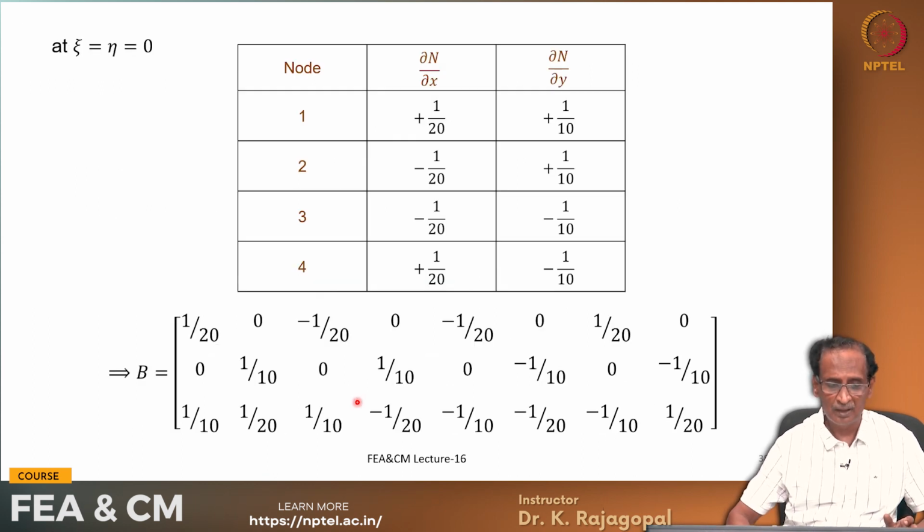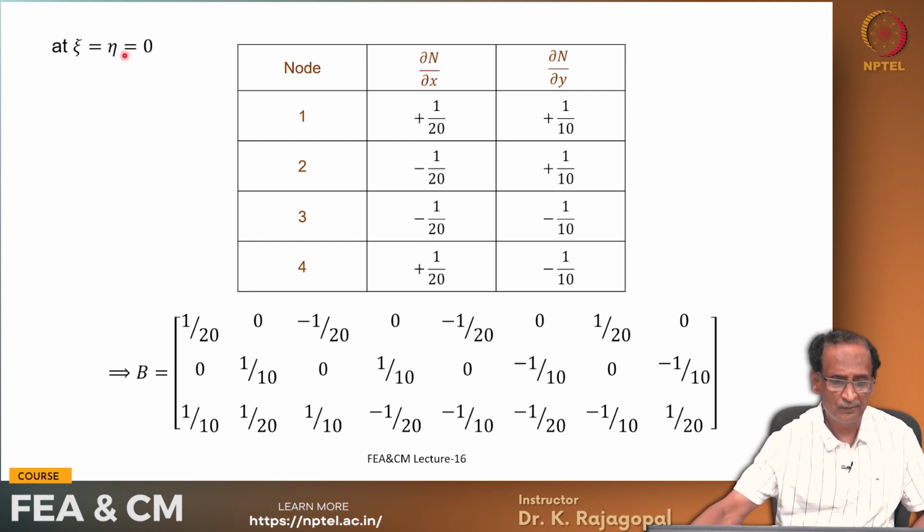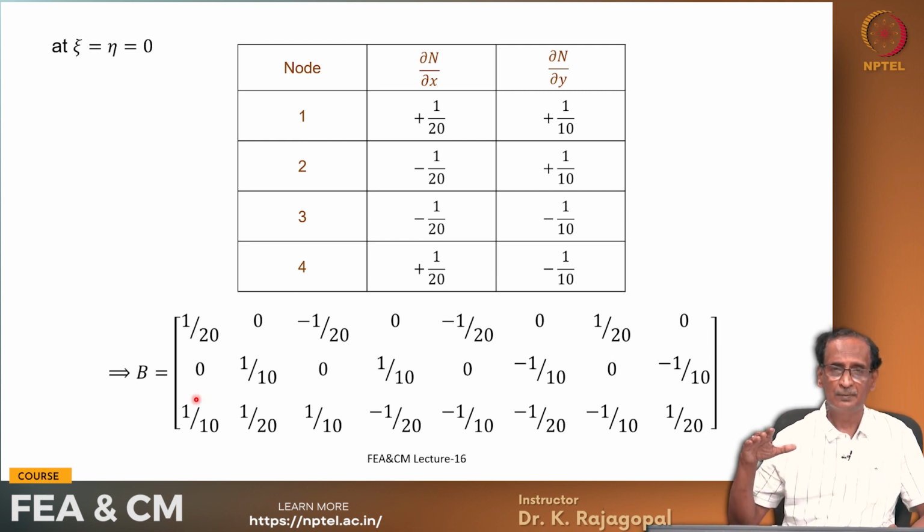Okay. And at xi and eta of 0, that is for one-point integration, our dou N by dou x at different points is like this, and the dou N by dou y at different points is like this. Thus we have 3 rows because we have 3 strains, and then 8 columns because 8 degrees of freedom.